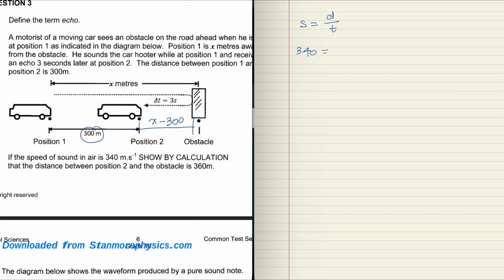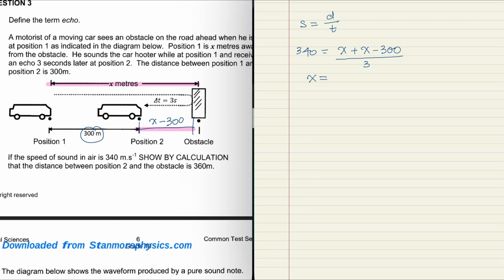So the sound is going to travel that distance, so x, and then it's going to travel this distance here to position 2. So the distance is going to be x plus x minus 300. And the total time that it took is 3 seconds. Now you can cross multiply and then solve for x.